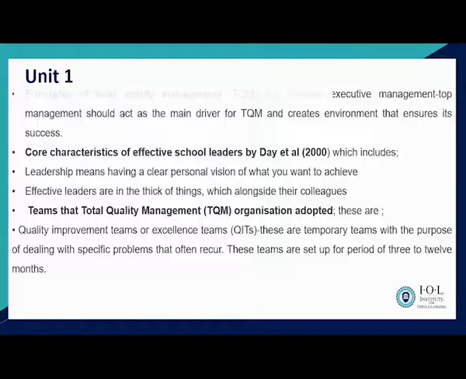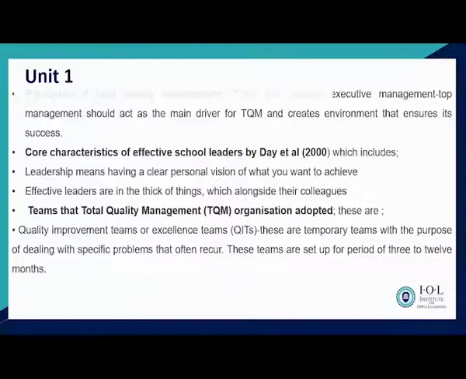In essence, the principle of total quality management is to make sure that there is a success within the organization, because those are managers of the organization, of the school, to make sure that the school performs. And the second topic that is of equal importance is core characteristics of effective school leaders.